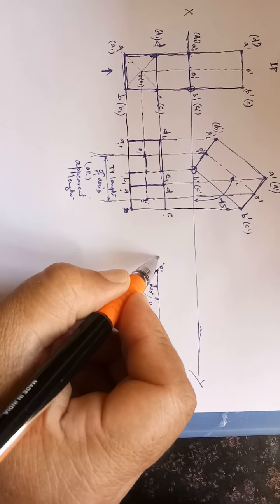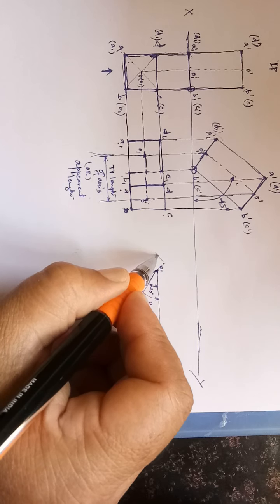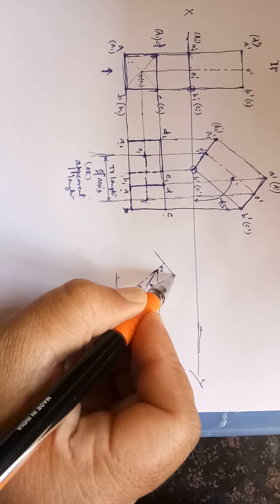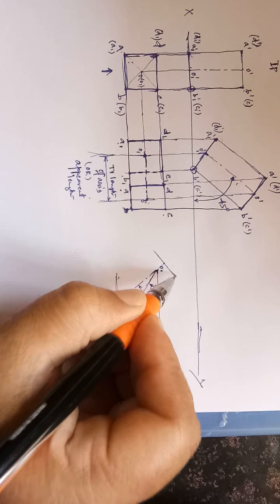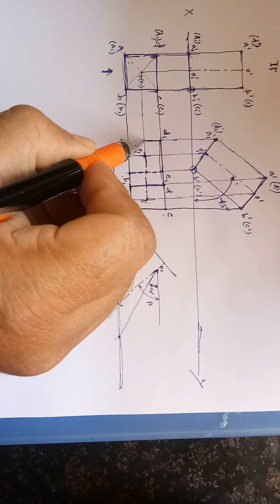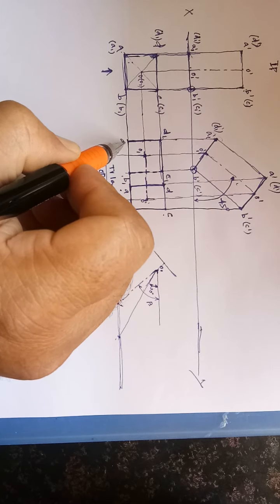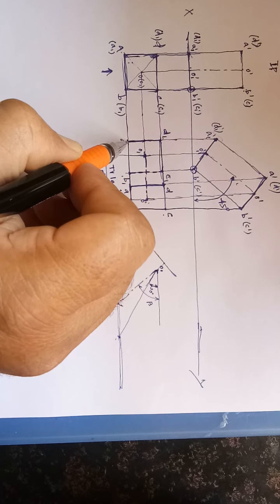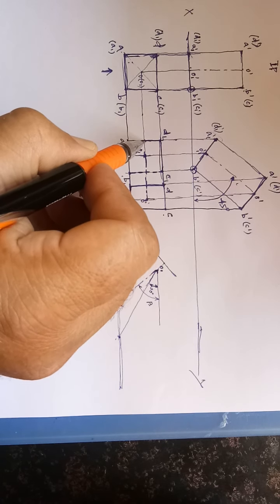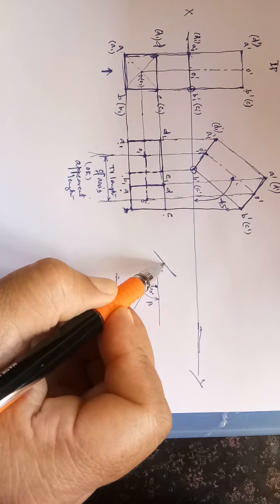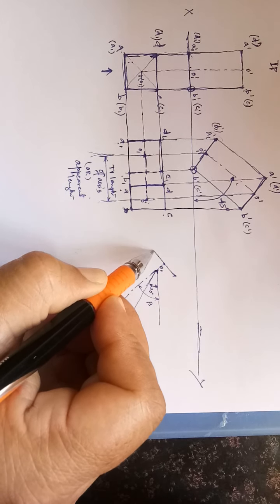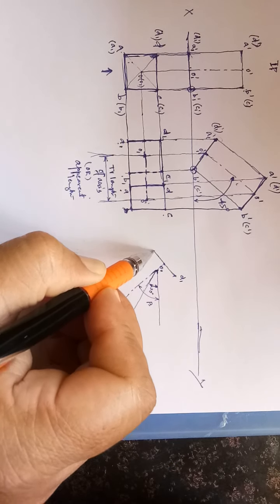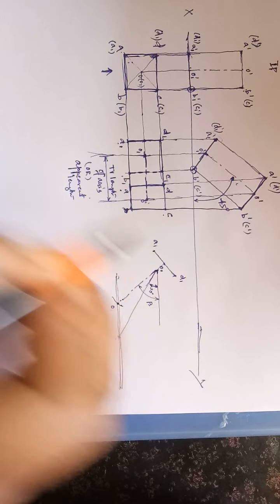Then here draw a perpendicular line like this. Then measure A1 and D1. A1 and D1 from the midpoint will be the same. So mark them here. Suppose this is D1, and this will be A1.